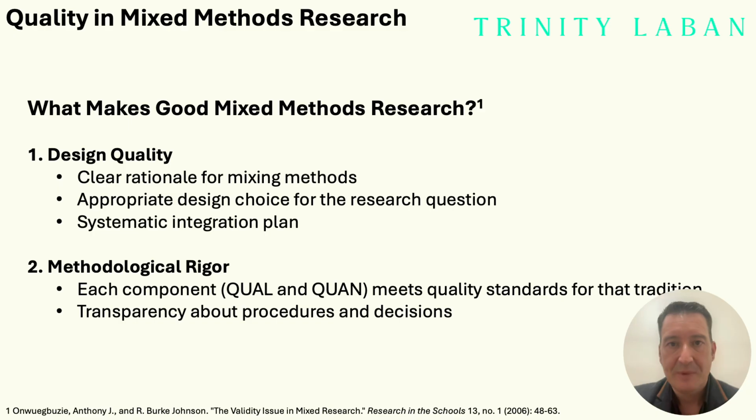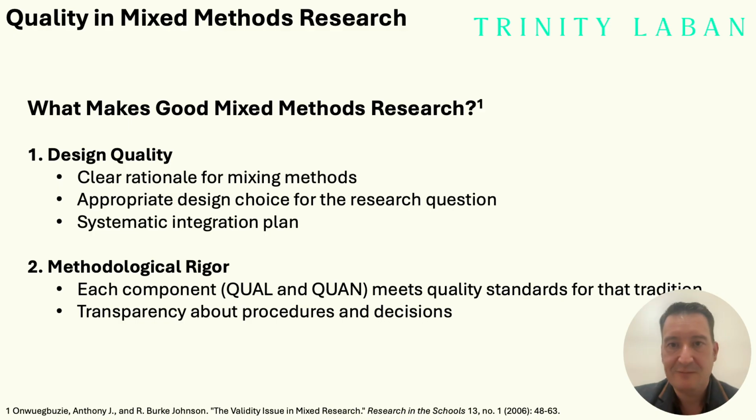Secondly, we need to have methodological rigor. Each component, the qualitative and the quantitative, must meet the quality standards for that tradition. Your qualitative work needs to demonstrate credibility, transferability, dependability, all the qualities that we've discussed in various videos about qualitative research.